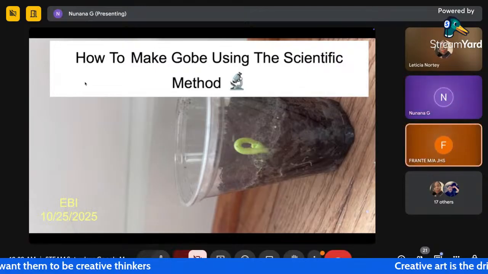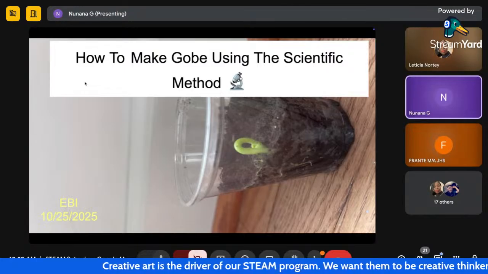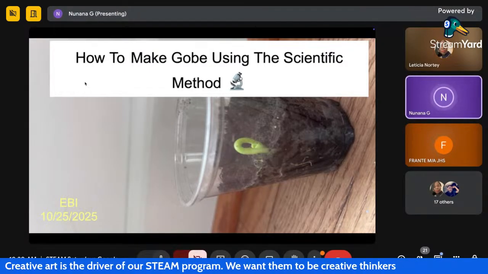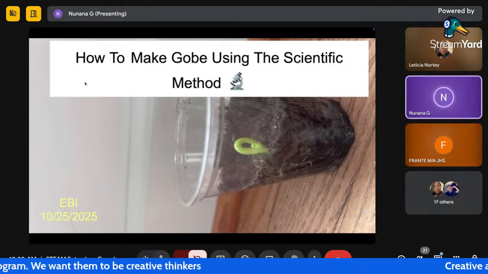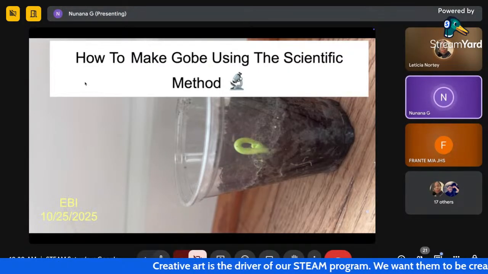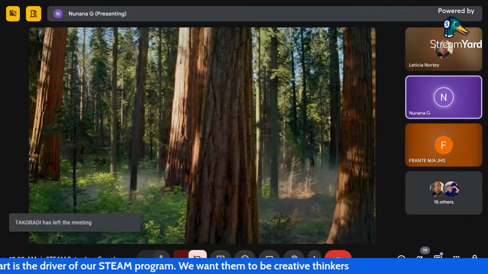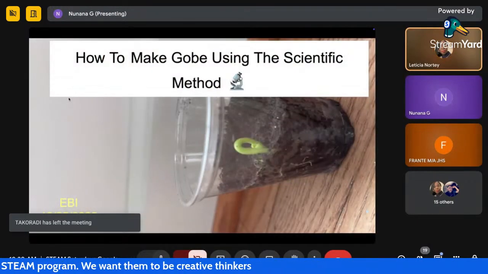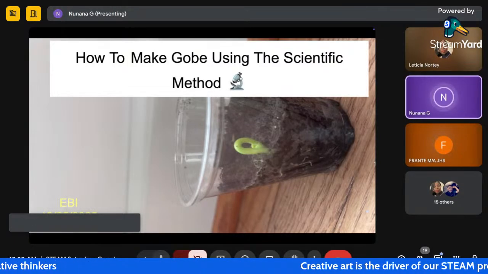So scientific method: you ask a question, and then you go find information on that question. Who has been able to solve your question? And what did they do? Then you take their information and add it to your question, and you use it to solve the problem.